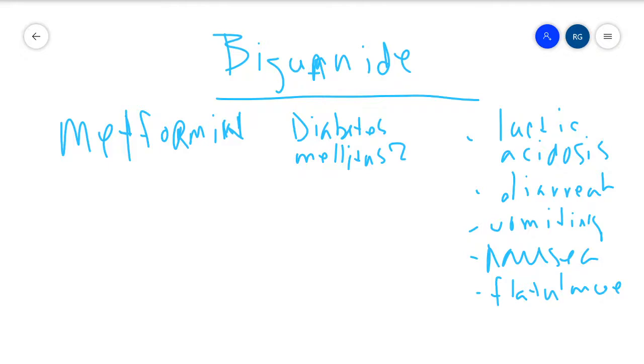Indications for diabetes mellitus 2. Side effects are lactic acidosis, diarrhea, vomiting, nausea, and flatulence. Pretty easy on that one.